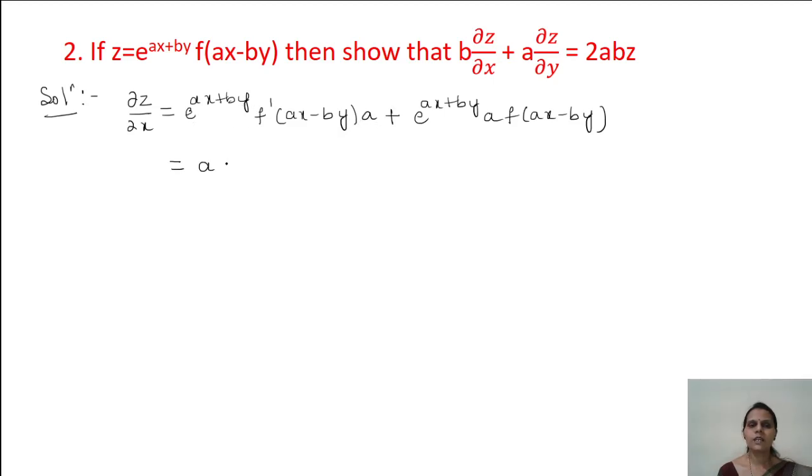So take outside e power ax plus by into f dash of ax minus by plus f of ax minus by.